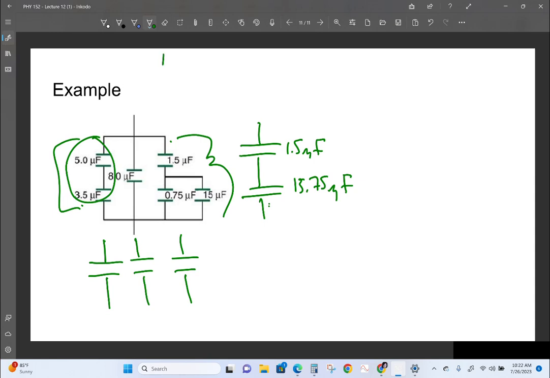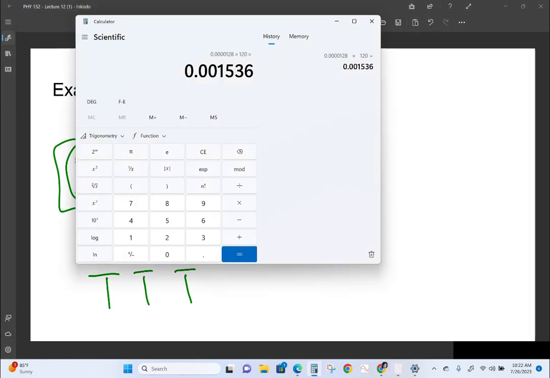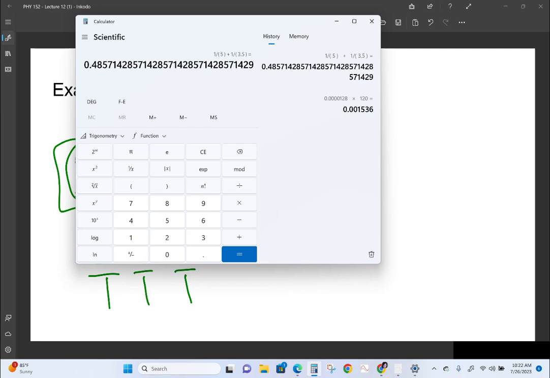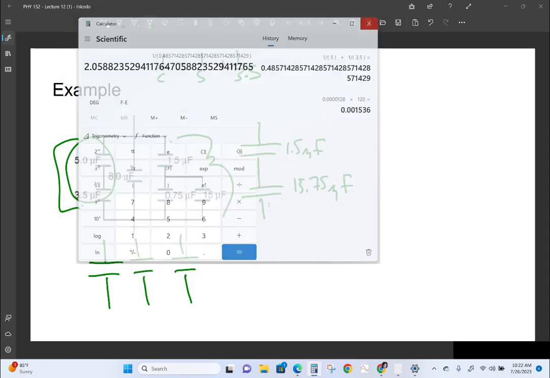So 1 over C equals 1 over 5 plus 1 over 3.5, which equals 0.486, and I have to take the inverse of that, which is 2.06.